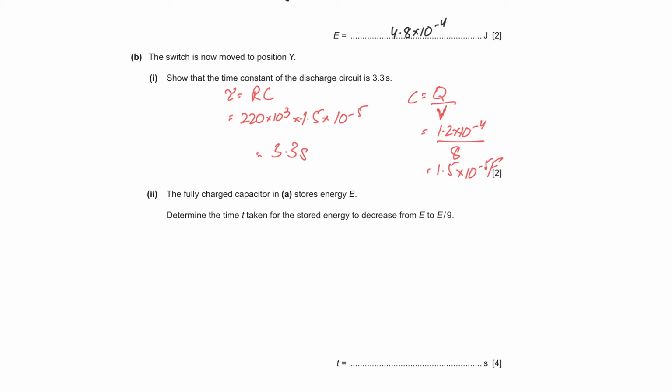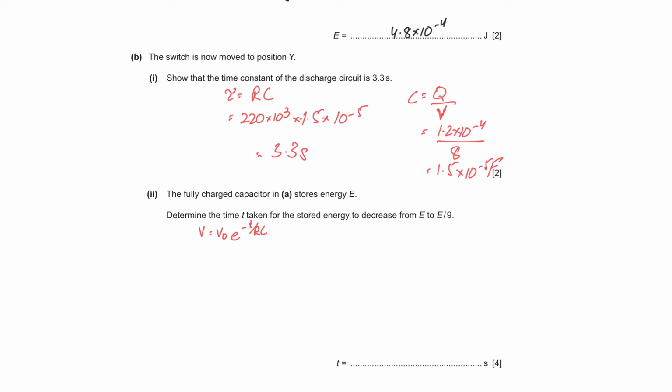Now, when the energy decreases, what also decreases along with that energy is the potential difference across that capacitor. And it follows the equation V = V0 e^(-t/RC), or tau, RC, the time constant.